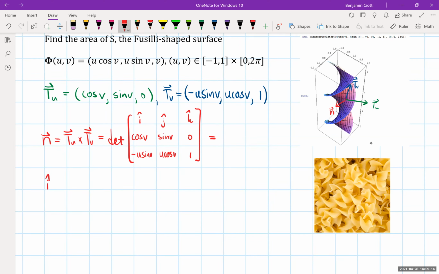In this case, I get i hat times sine v, minus 0, plus, or rather minus, j hat times cos v, plus k hat times u cos squared v minus minus is plus u sine squared v.